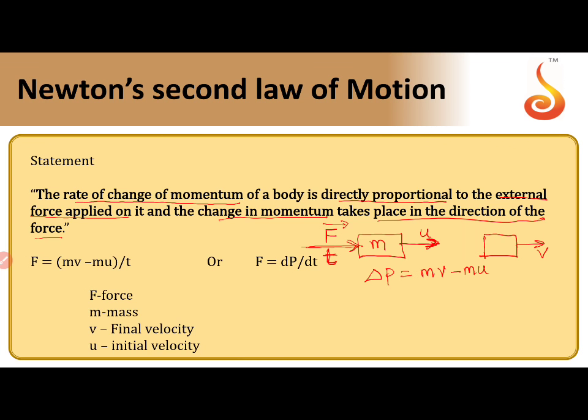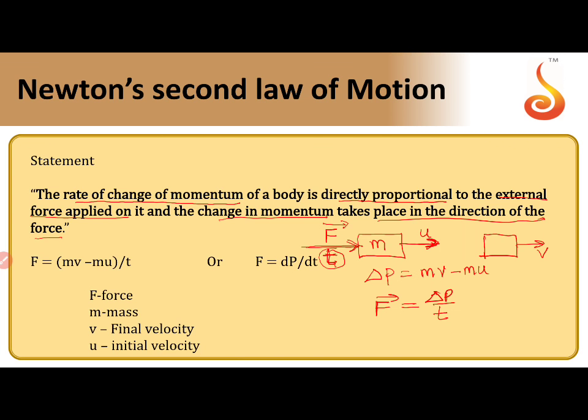But for this momentum to change, it had taken some time. That rate of change of momentum is directly proportional to the force. Force is equal to change in momentum divided by time taken.